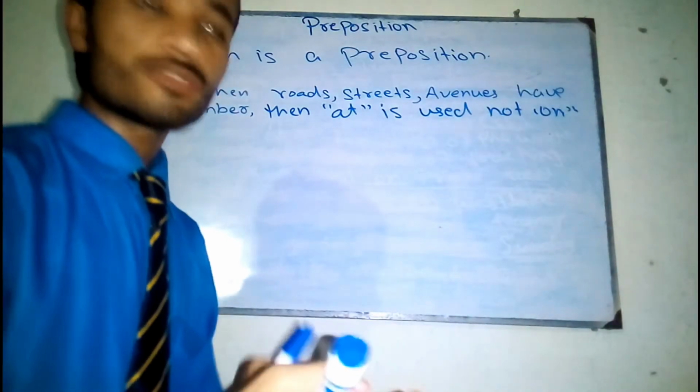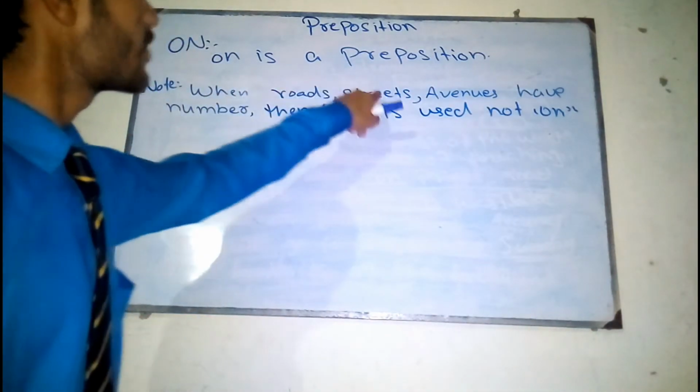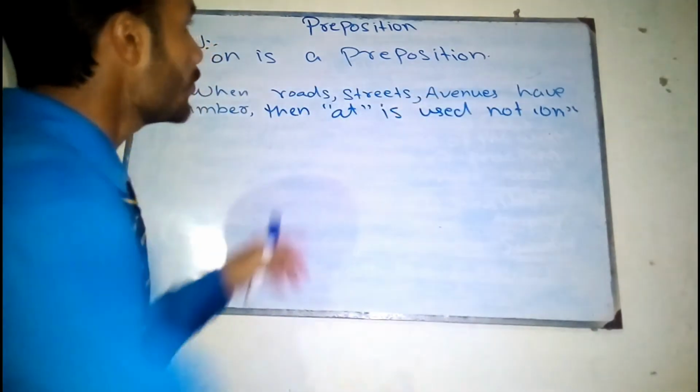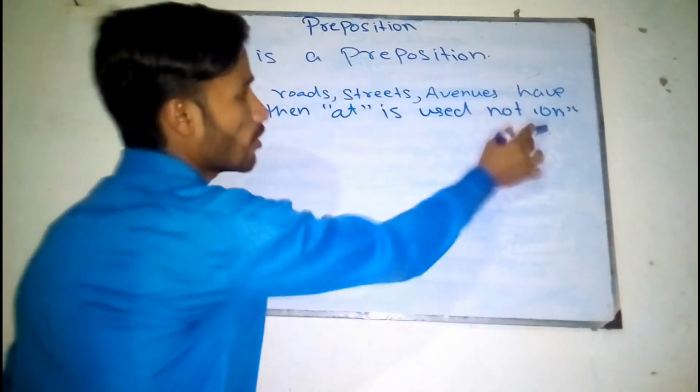Whenever we have a number with a road, street or avenue, then we use the preposition "at", not "on".